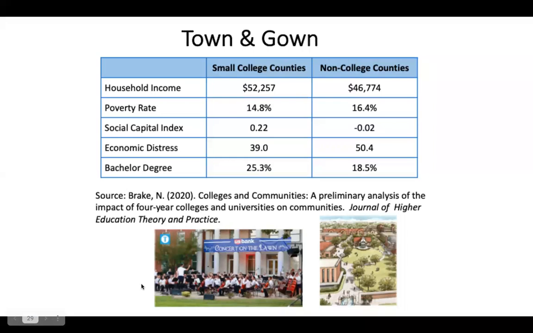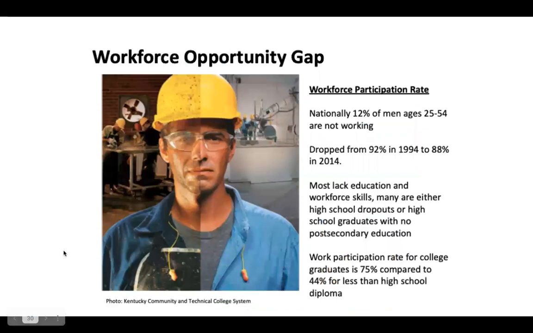And you can see just looking at the counties in the United States that have small colleges and ones that have no colleges, you can see the importance of those institutions in the poverty level, in the social capital, in the economic distress level, but also in the bachelor attainment level and the income level. And so those are important components of workforce development strategies in communities all around Kentucky.